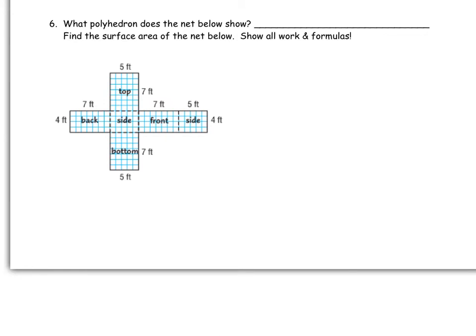Number 6. What polyhedron does the net below show? Like the nets that we've been talking about in class, this is a net of a rectangular prism. If I want to find the surface area, the way that we talked about it in class was to break up the net into different shapes that I know.